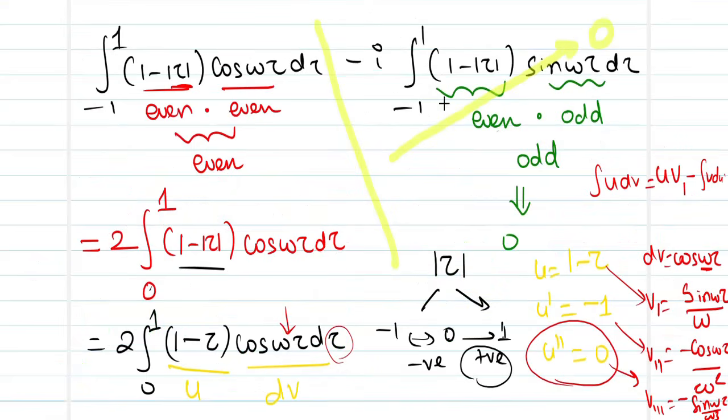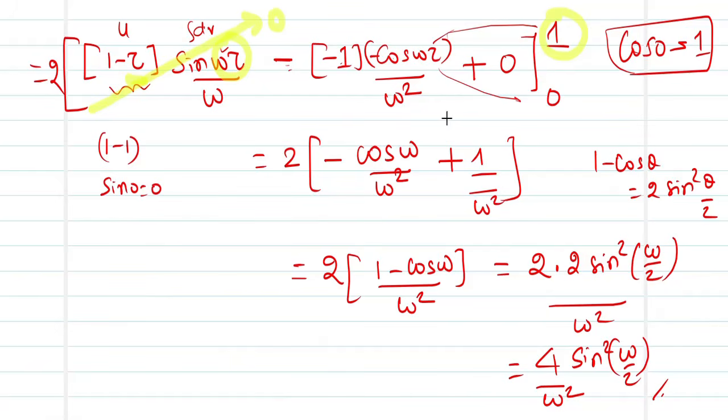So all the odd functions vanish and only the even function exists, and the modulus in an even range becomes positive in nature. Then finally you can apply the Bernoulli formula, and we see that the majority of the terms vanish when you apply the upper or lower limit, with sine 0 being 0. Finally, trigonometric equivalence can be used to make the formula simpler and more pleasing, and so we have this final answer. Thank you.